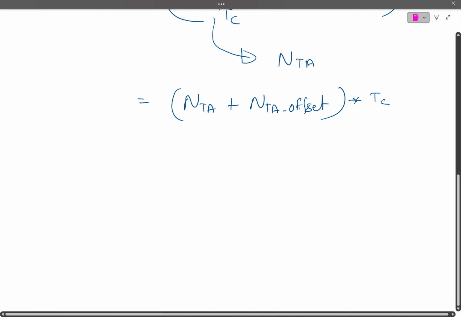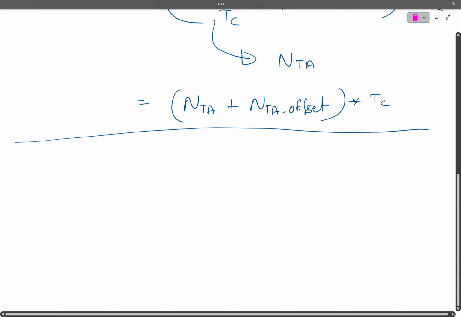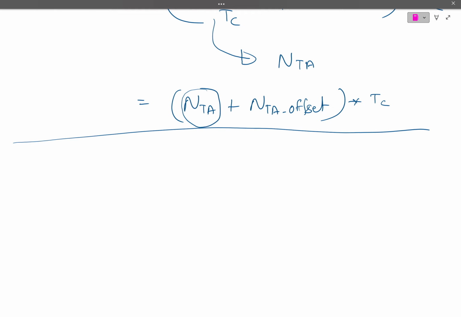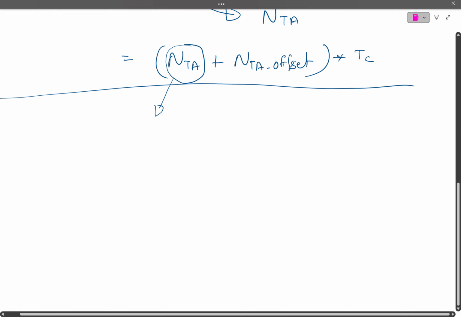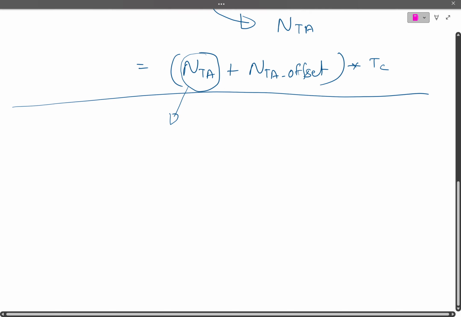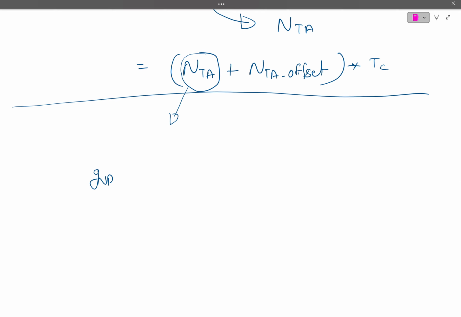sent by the UE, and it has to send this delay back to the UE. Okay, but gNodeB does not send this number N_TA directly to the UE. Instead, it quantizes this number and sends, and this quantization also depends on the sub-carrier spacing. So what gNodeB sends to the UE is not N_TA but something called TA.